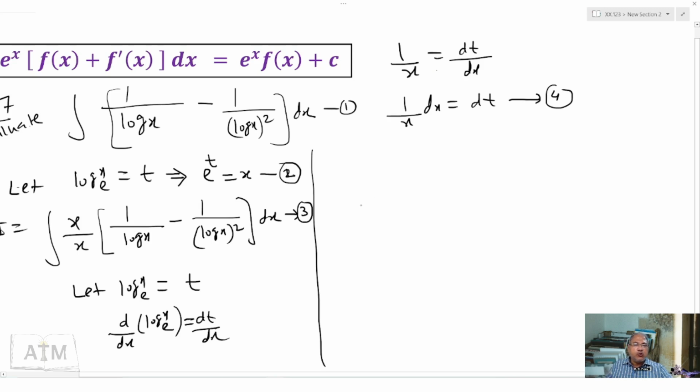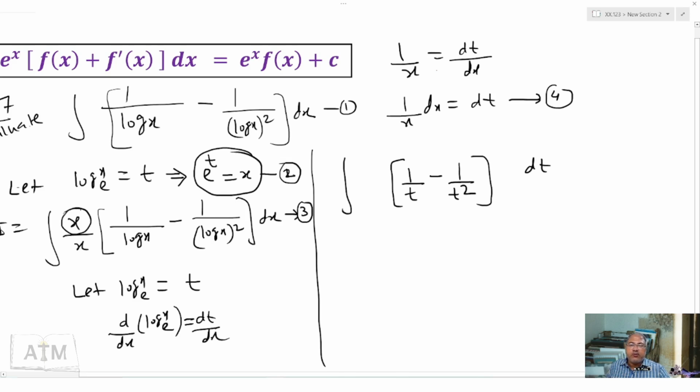Now from 2, 3, 4, expression 3 will become: here 1 upon x dx will go away, and in that place dt will come, and here 1 upon log x is nothing but 1 upon t, and 1 upon log x whole square is nothing but 1 upon t square. And in place of x, what is x? x is nothing but e raised to t. So here was the x, so in place of x write down e raised to t.